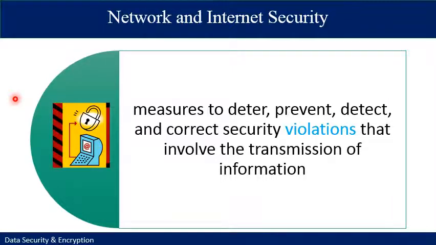For example, I give you one example: if a user transmits a file from one server to another, the file may contain some sensitive information. So you definitely want to protect it from disclosure. You want it to be disclosed to only a few people who are authorized to view it.